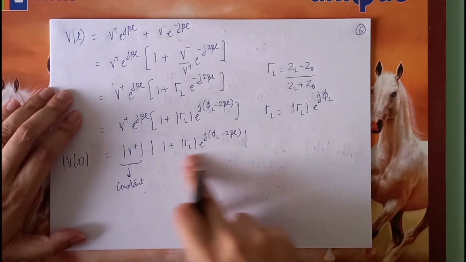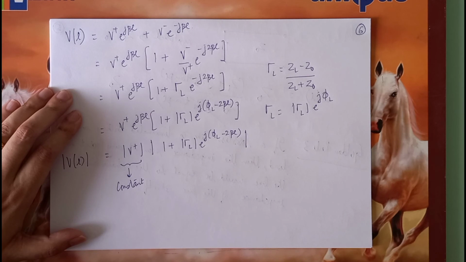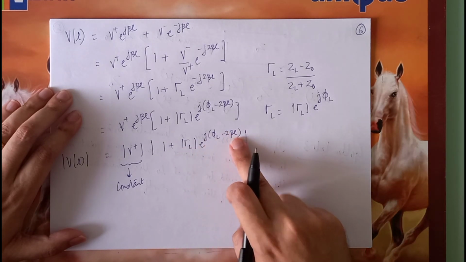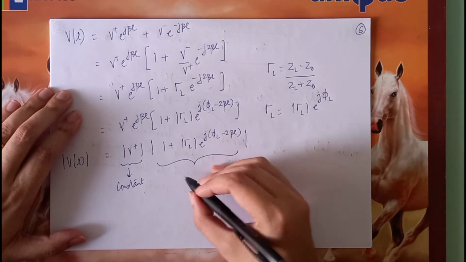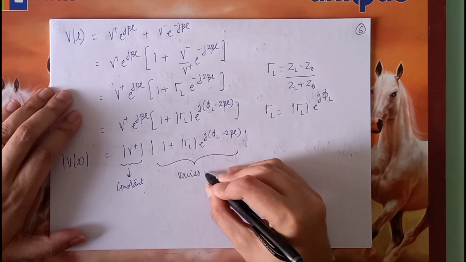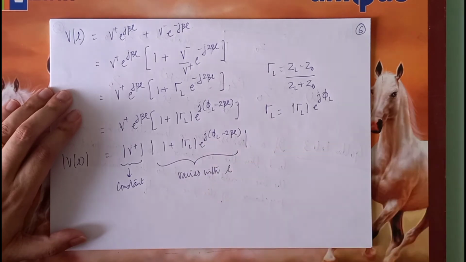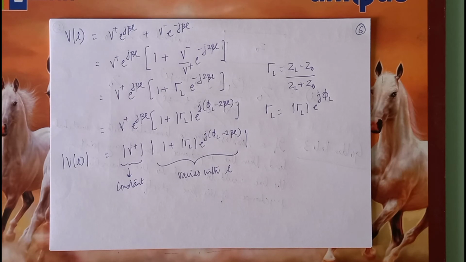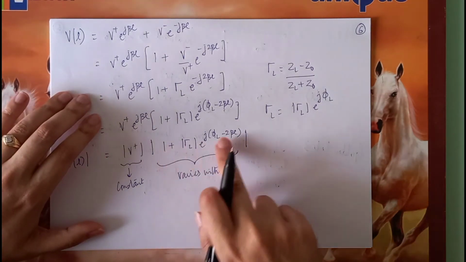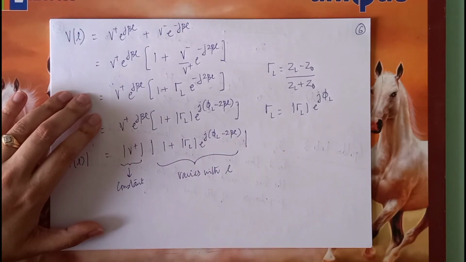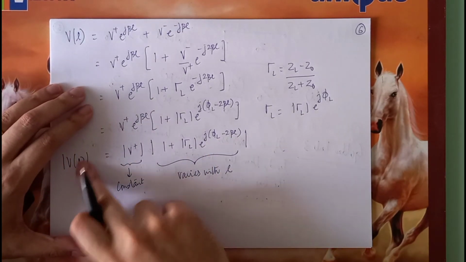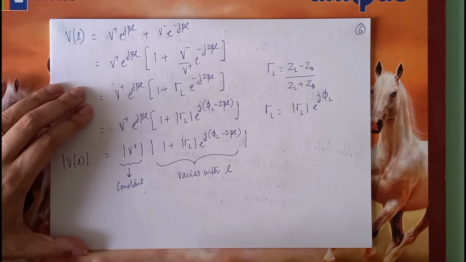What is actually varying is this quantity, because it varies with the length L. So the question now is, what can we say about this variation that will give us some idea about the magnitude of V of L?